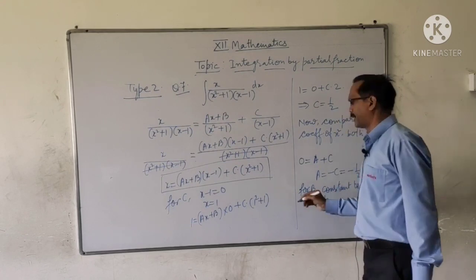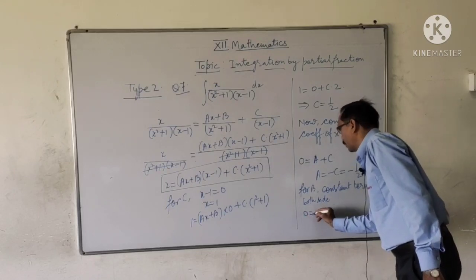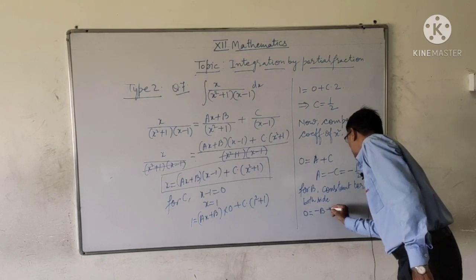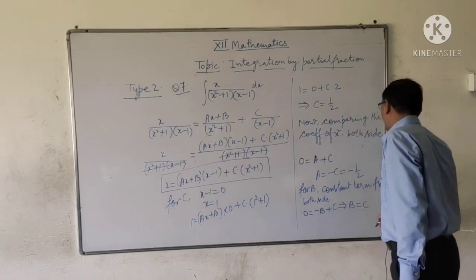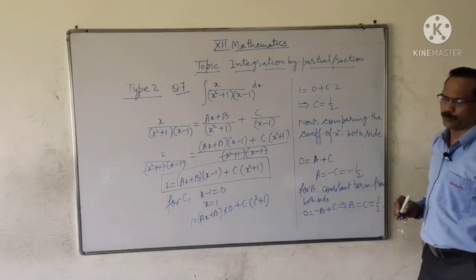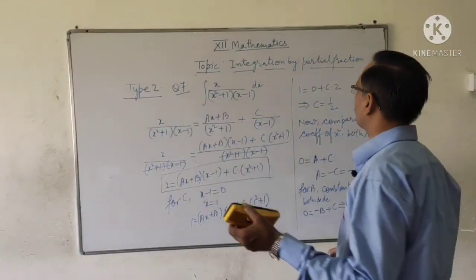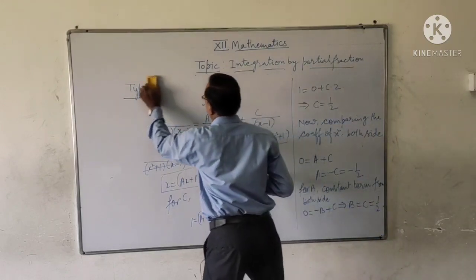We will get, this side no constant term, so 0 equal to minus b plus c. From this we will get b equal to c, and the value of c is 1 by 2, so b is also 1 by 2. Now put the value of a, b, c here, then we will integrate.